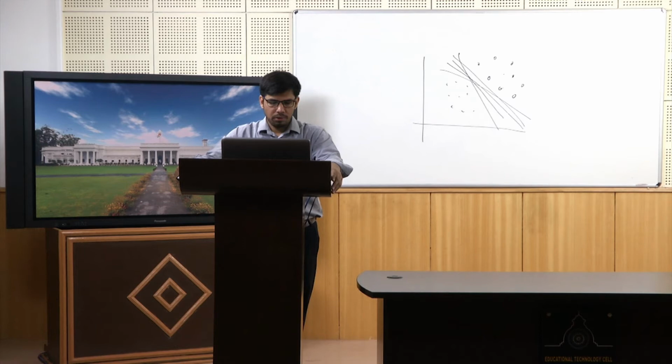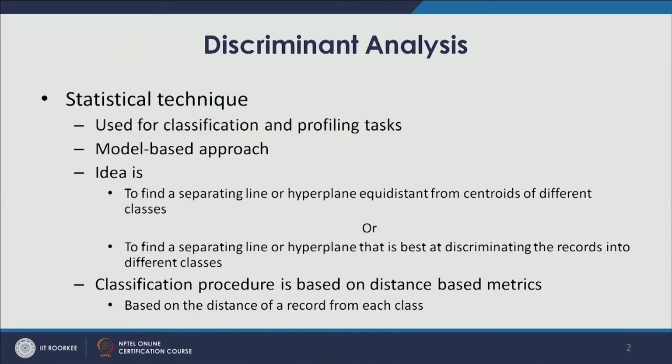So the classification procedure that is used here is based on distance-based metrics. A few distance-based metrics we have covered when we discussed KNN, and this particular technique is also based on distance-based metrics. The main idea is again based on the distance of a record from each class.